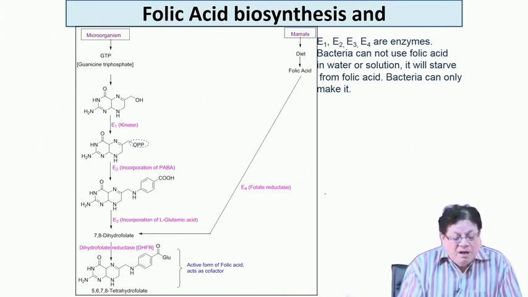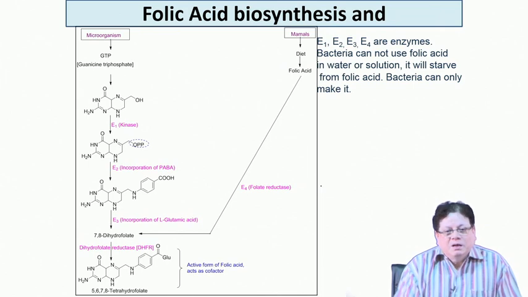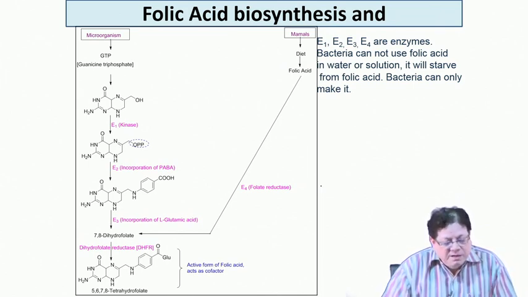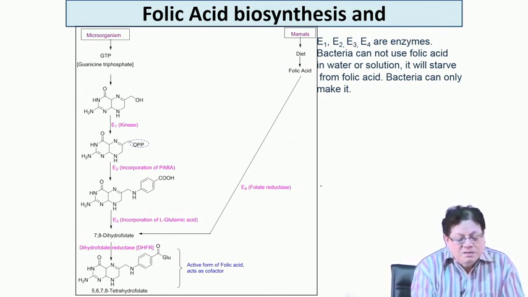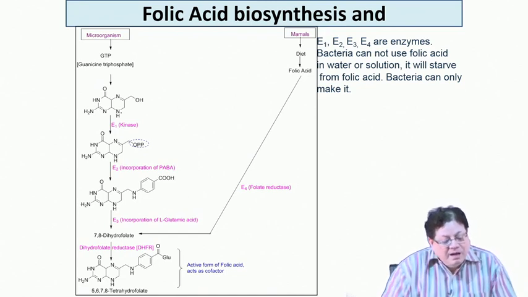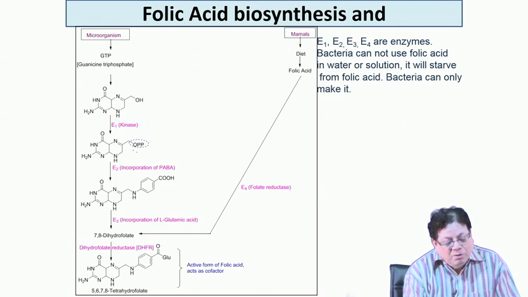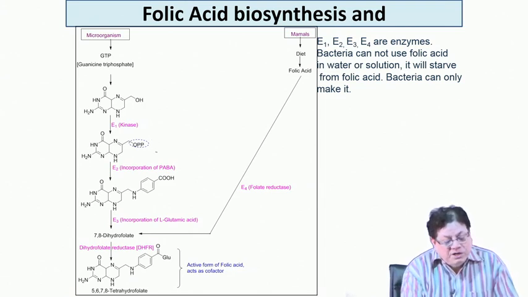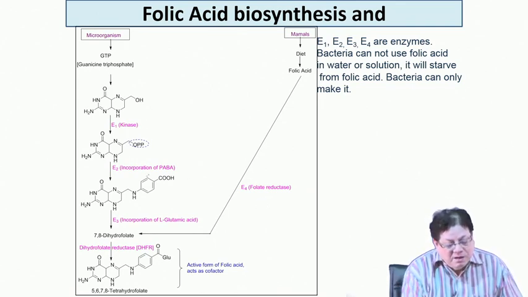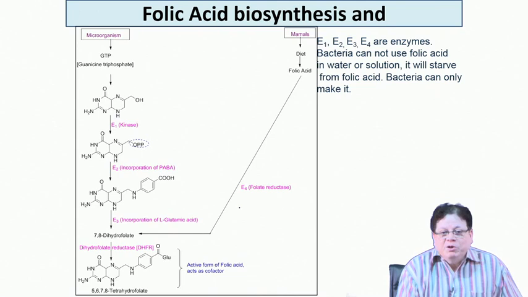bacteria starts with GTP, which undergoes rearrangement and forms the 7,8-dihydropteridine nucleus, and that then undergoes pyrophosphorylation by a kinase enzyme, followed by displacement of the pyrophosphate by para-amino benzoic acid.